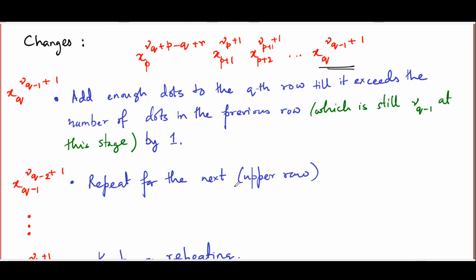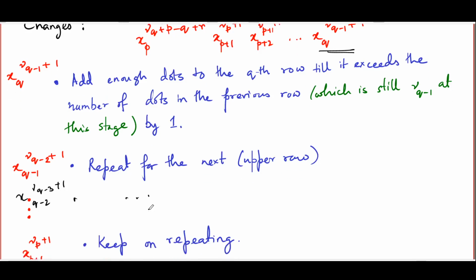We are now going to change the number of dots in the q minus 2th row by looking at x to the q minus 2 to the power nu q minus 3 plus 1, which I have not written down. And this again means repeat as you go on.